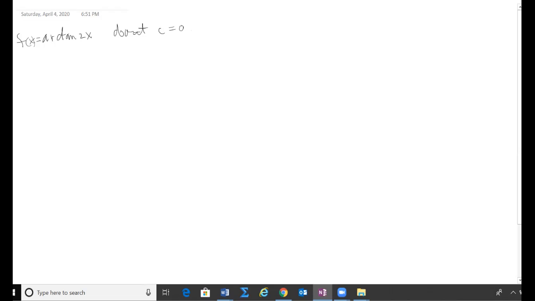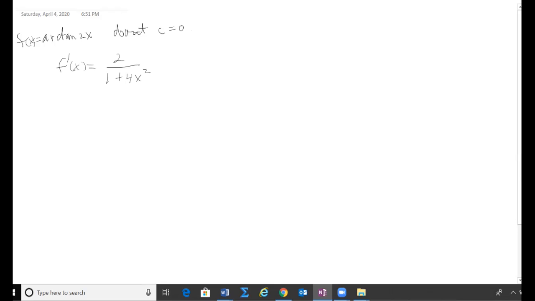Now, this one's a little bit tricky, but let's find the derivative. We know that's going to be 2 over 1 plus 4x squared. Now, if this were the function that I were expanding, I recognize this as the sum of a geometric series.